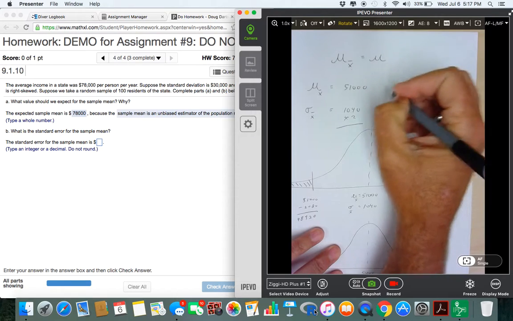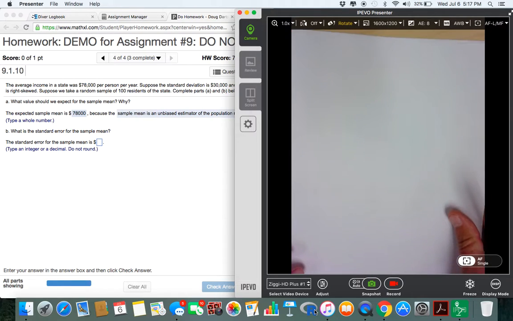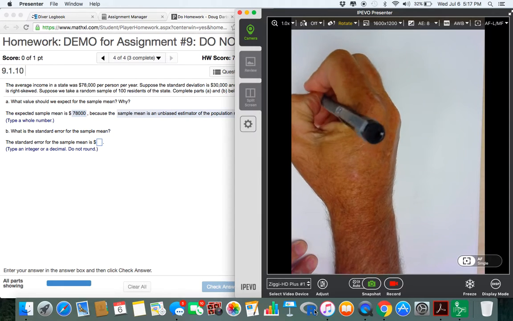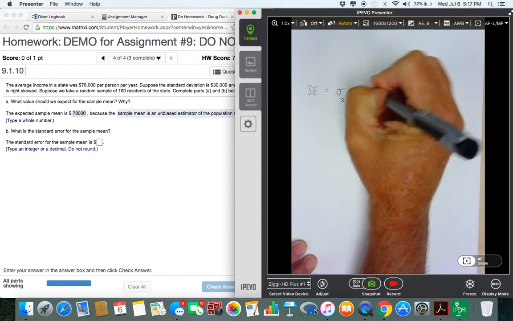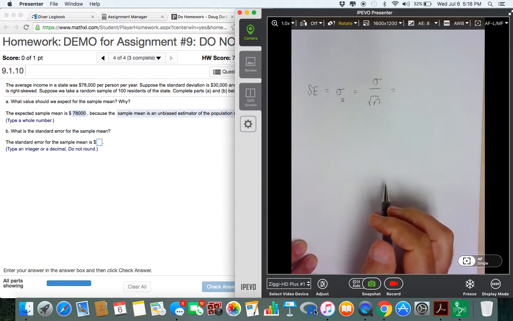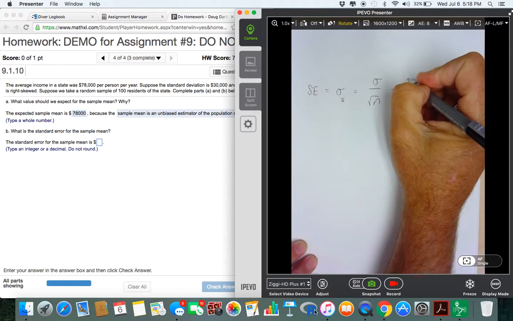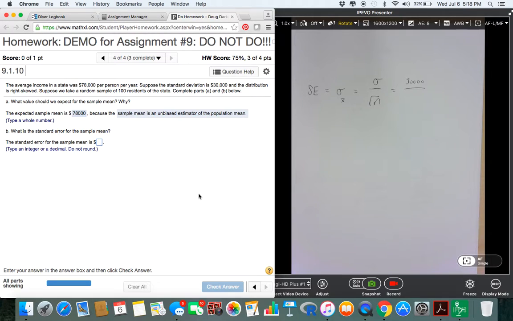The standard error in this case, of course, we got a new problem, so we need a new sheet of paper so we don't get too cluttered. So again, the standard error for this type of problem is sigma divided by the square root of n. Sigma in this case is 30,000. And I can't see n because it's over here.